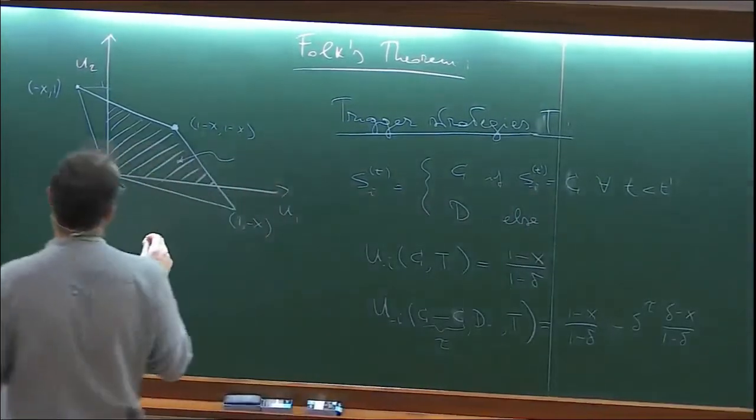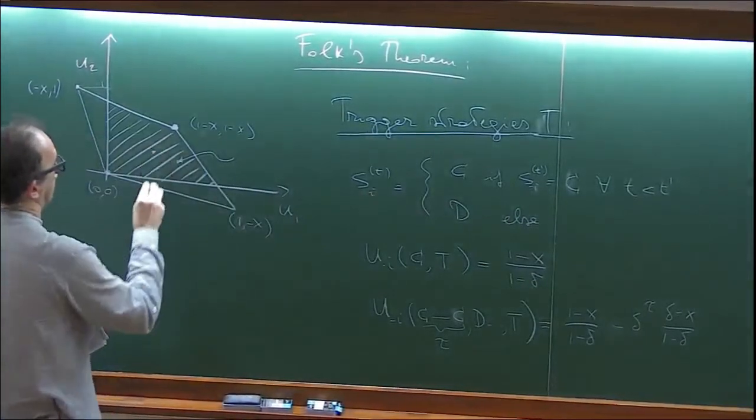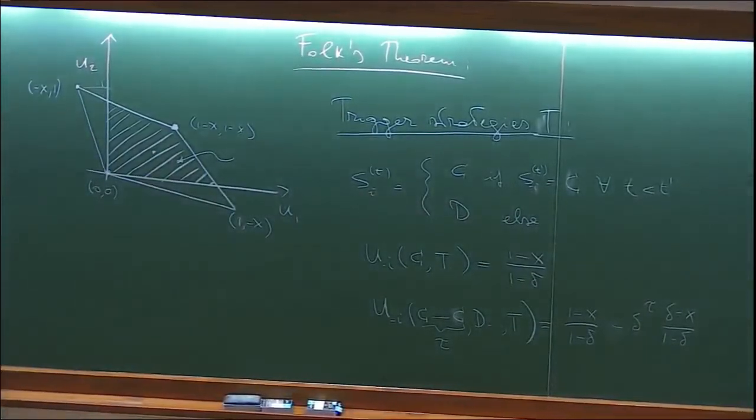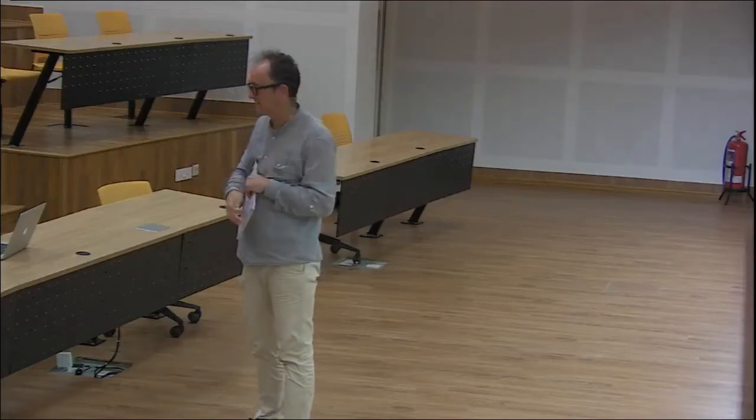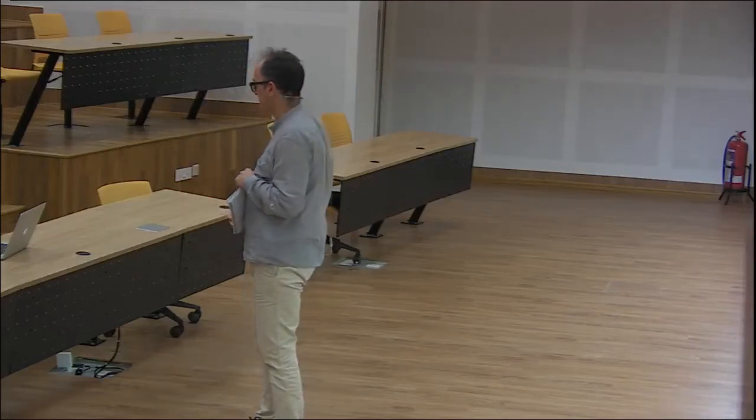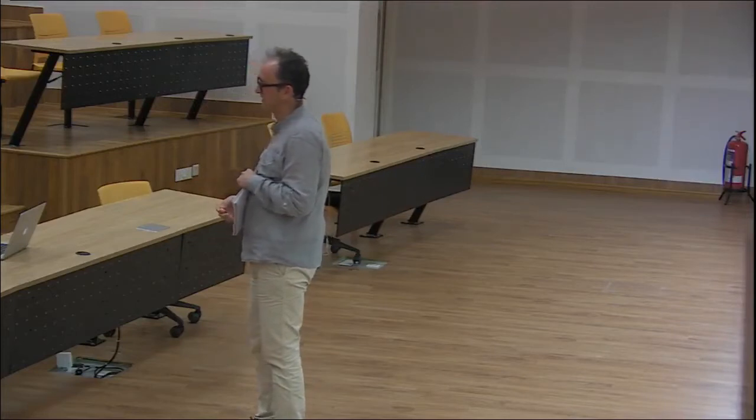Now, you may ask yourself, how do I get a payoff like this one? Well, my deal could be: I start cooperating, I will cooperate for 10 periods, then I will defect for 5 periods, then I will cooperate for 10 periods, and so on. And you better do the same. And the guy checks, does the maths, and sees that this is a credible threat. And then this is the payoff you achieve.